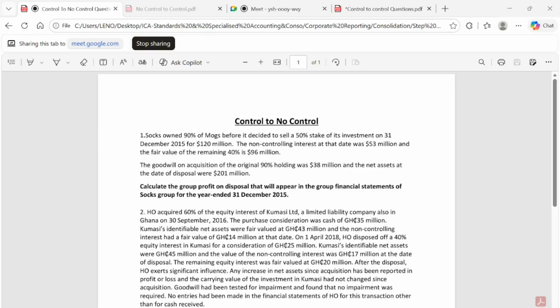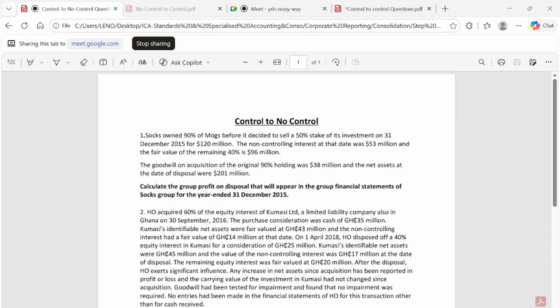The non-controlling interest at the date was 53 million, and the fair value of the remaining 40% is 96 million. What does this tell you?